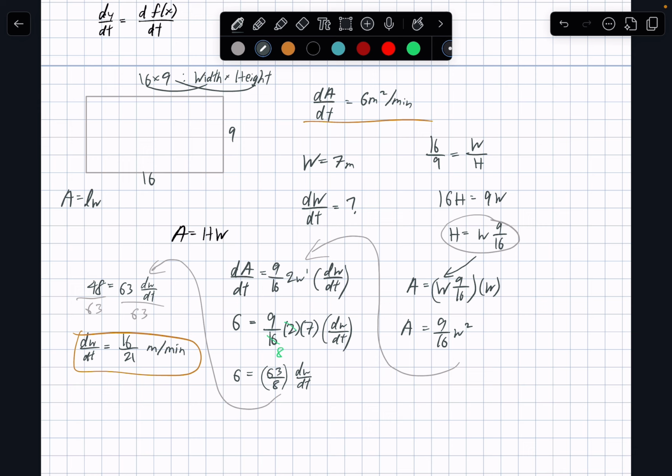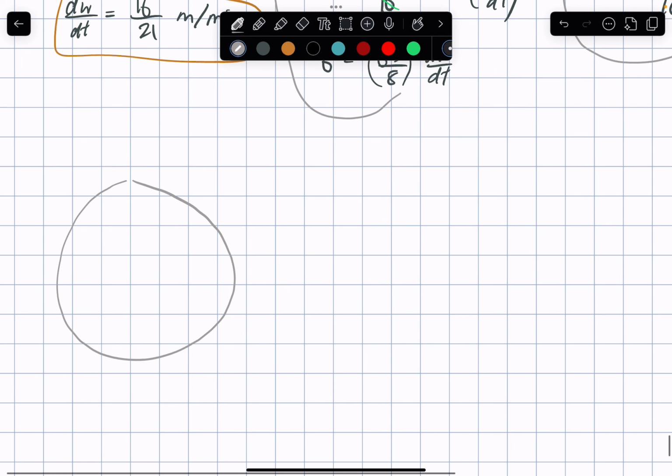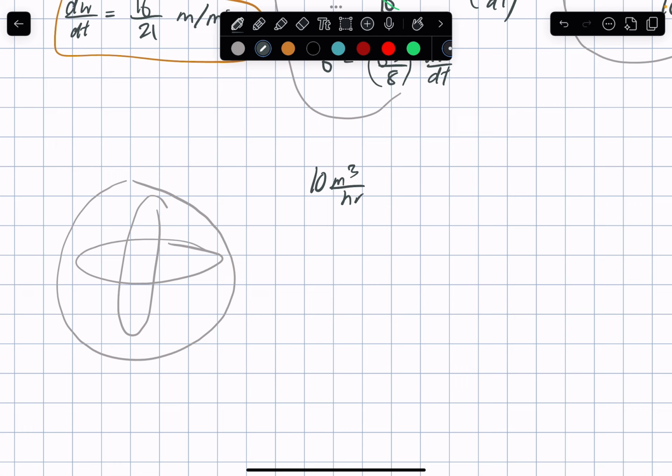Next. So we have a spherical balloon that is being filled with gas at 10 meters squared per hour. This is our dV over dt. At the instant when the surface area of the balloon is, okay, so surface area dSA over dt. The surface area of the balloon is increasing at 4 meters squared per hour.